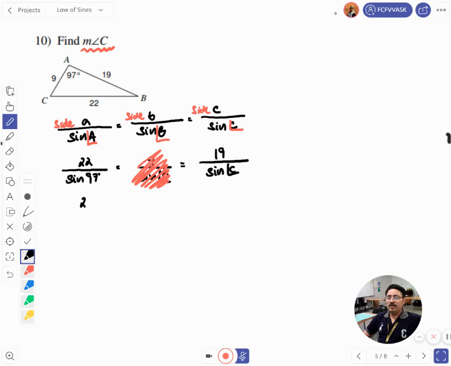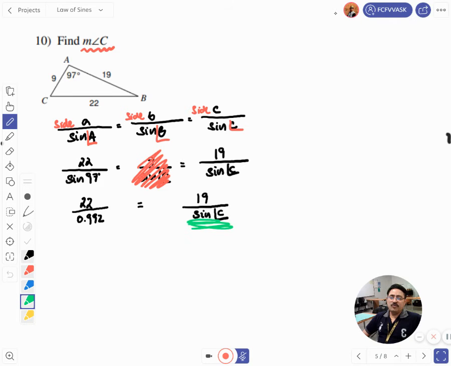Now, 22 over sine 97, using my calculator, sine 97 is 0.992, equals 19 over sine angle C.